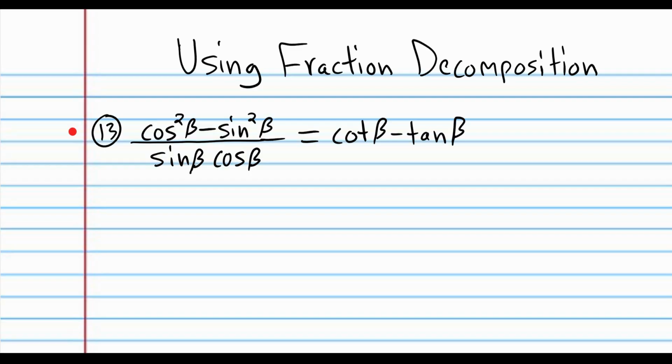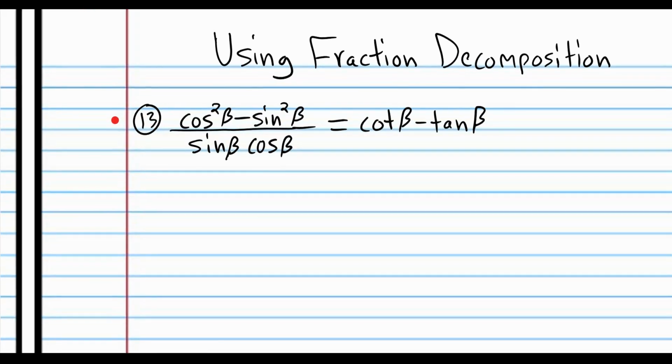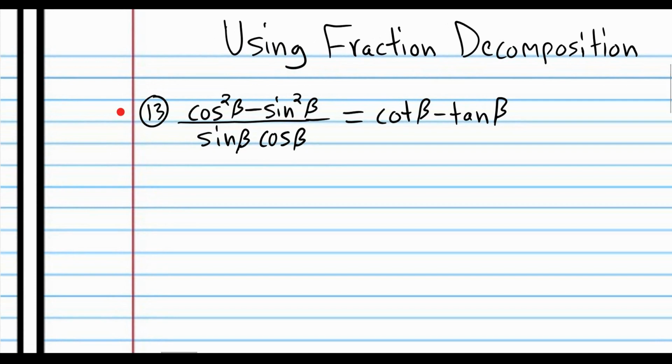Well, now we're going to get into some more rigorous algebra. That's one of the purposes of this class. You might think, well, aren't we just doing the same thing over and over again? Well, no, we're going to review many things, but we're also going to get into some more rigorous algebra. And this is a perfect example of that.